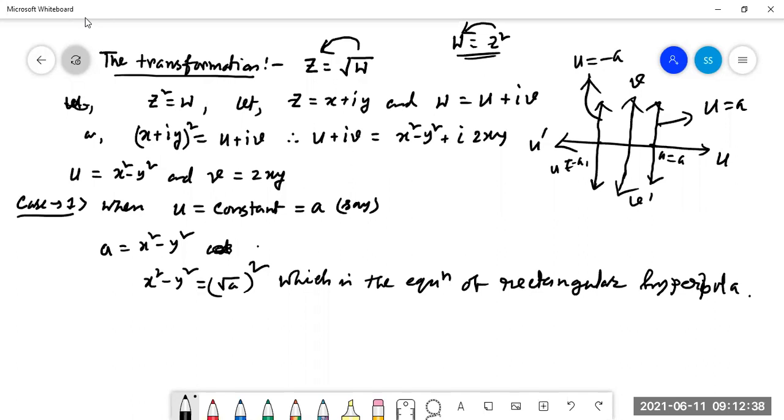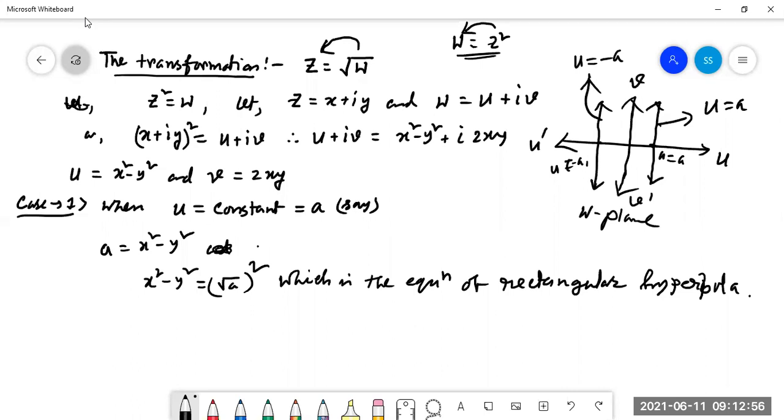Now case 2, when V equal to constant. This straight line, after transformation from the W plane, comes into the hyperbola.